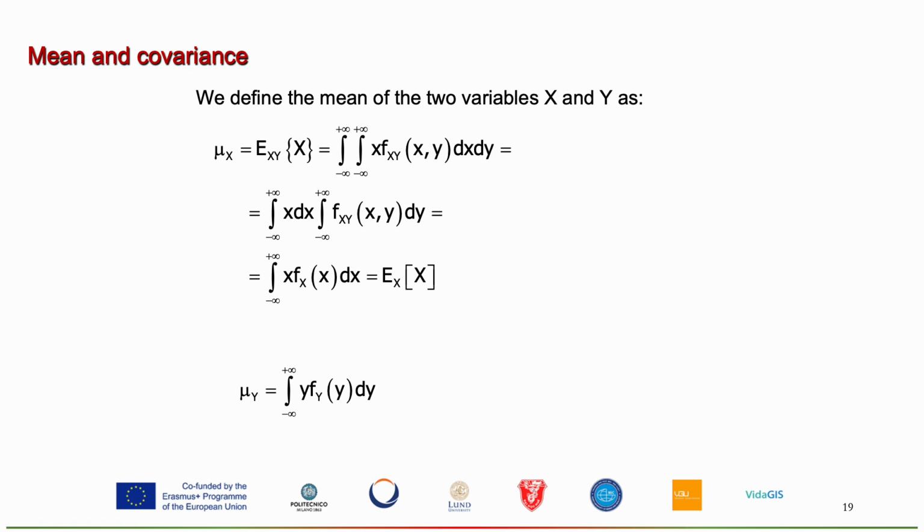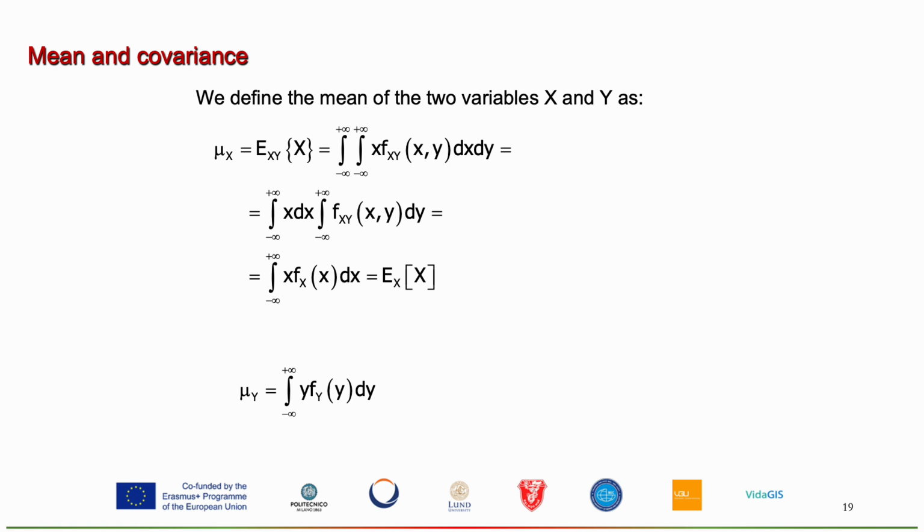This clearly can be written in a slightly different way. The integral between minus infinity and plus infinity of x in dx that multiplies the integral between minus infinity and plus infinity of f x y in dy.